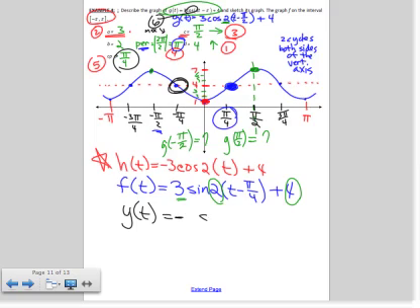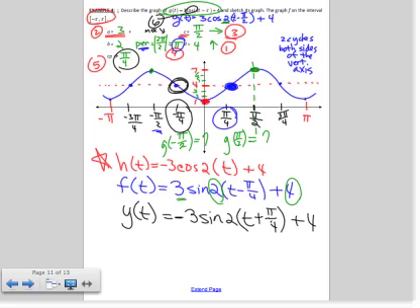So I'm going to put my negative sine here, but what's my number in front of that? The amplitude's still 3, so it's 3. The period is still 2. We've got t plus pi over 4, since it's shifted to the left pi over 4, and then still plus 4.